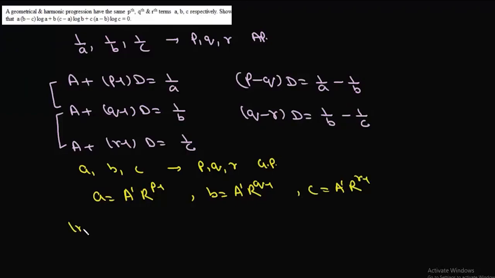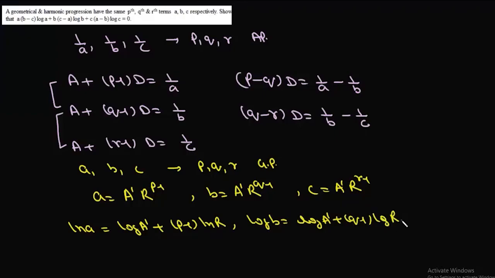And if we take log, we can write log a equals log a dash plus (p minus 1) log r, log b equals log a dash plus (q minus 1) into log r, and log c equals log a dash plus (r minus 1) into log r. So we will take everything as log.